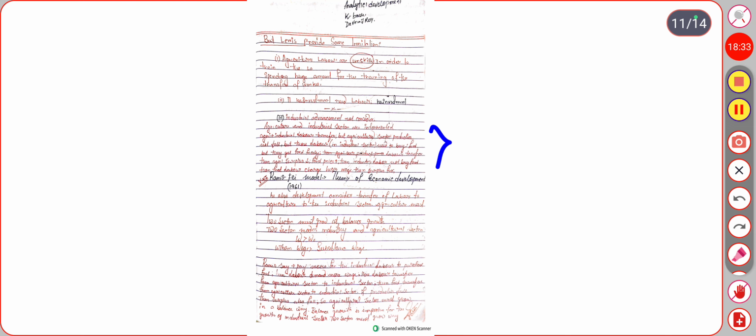But there is some limitation. The limitation is given here, provided by Arthur Lewis. If the labor is transferred from agriculture to the industrial sector, then production in the agricultural sector falls.